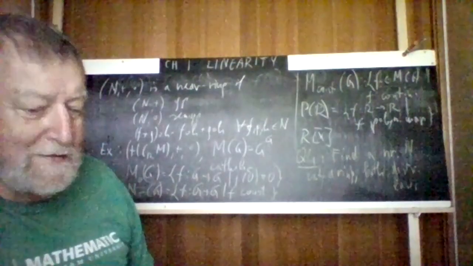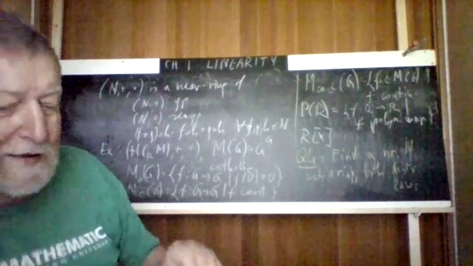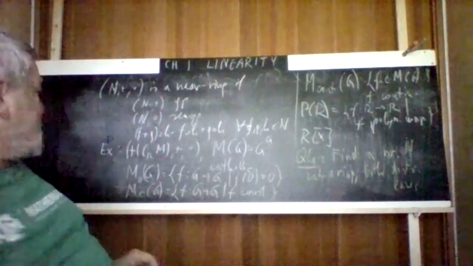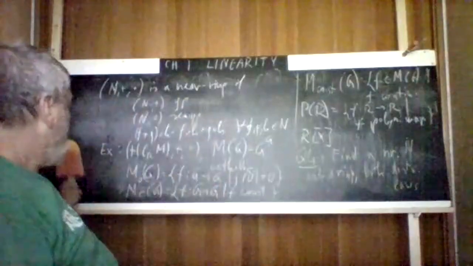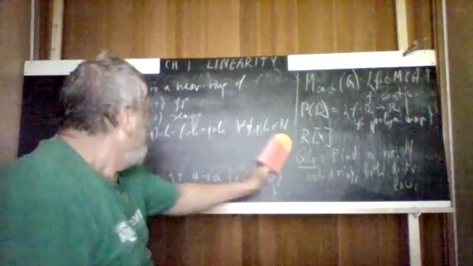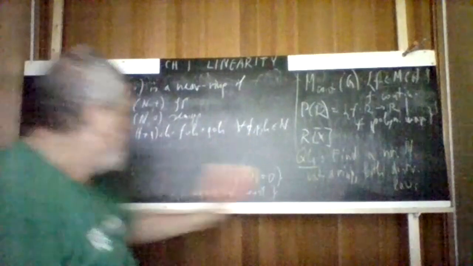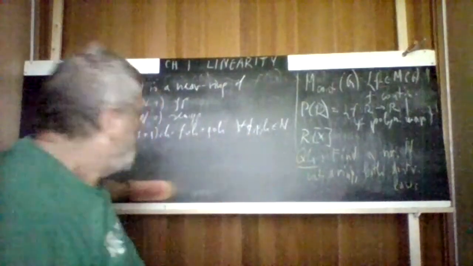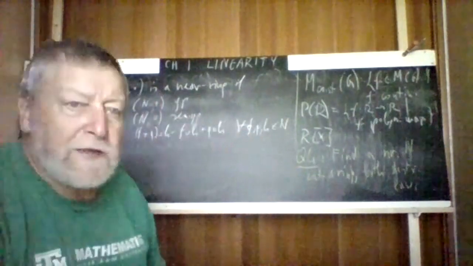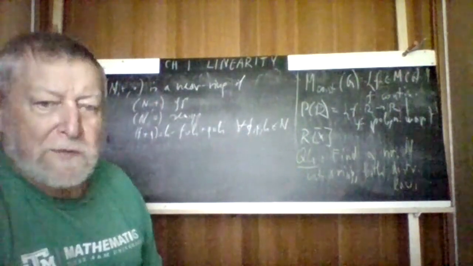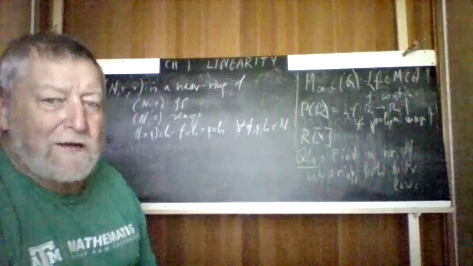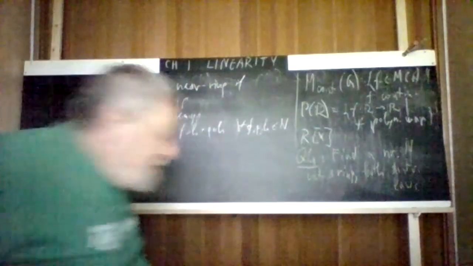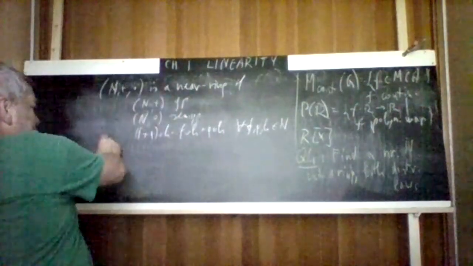And so let's say this here. For every nearring, you find some important substructures. And the first thing is this.